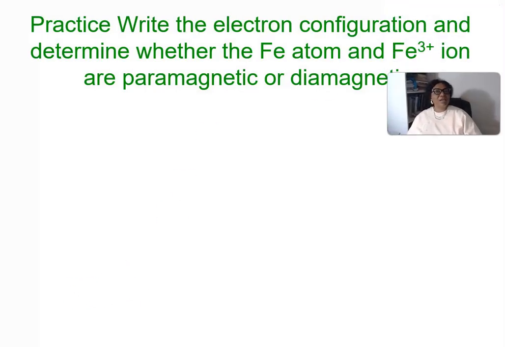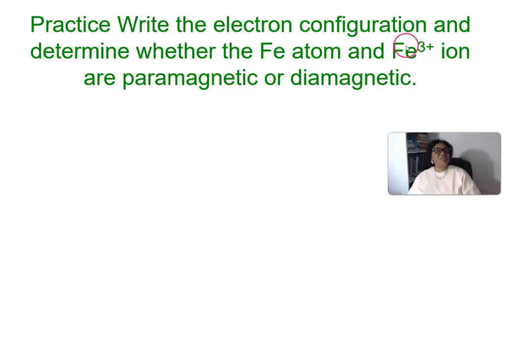So please try and do some practice. Write the electron configuration and determine whether iron atom or iron 3+ ion are paramagnetic or diamagnetic. So we are going to stop here. Please make sure you do this practice. It's going to help you understand the course better and understand this section well.